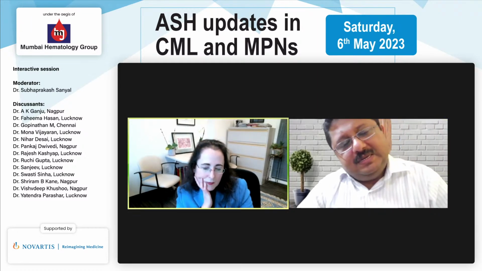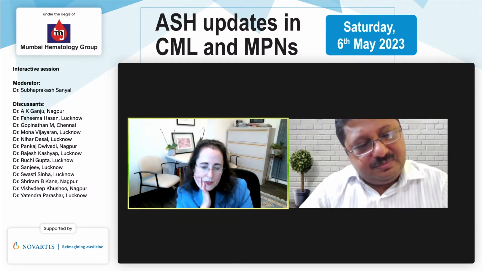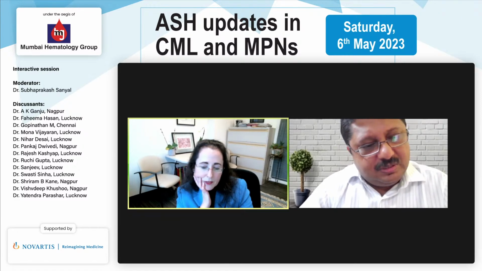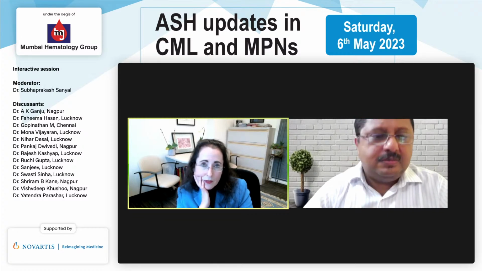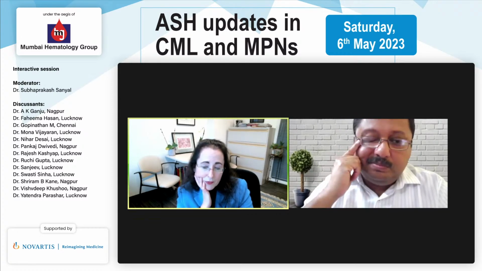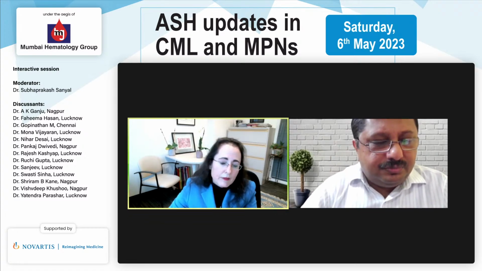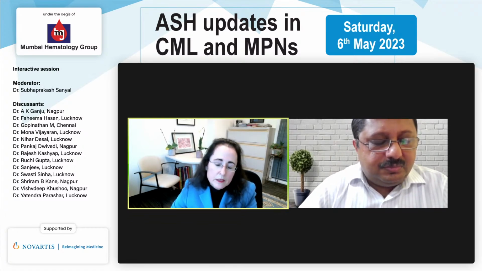So, JAK2 exon 12 mutations will actually present mostly with erythrocytosis with no elevation in white blood cell count or platelet count, which is different because usually if you have PV, you have elevated white cells and elevated platelets too.